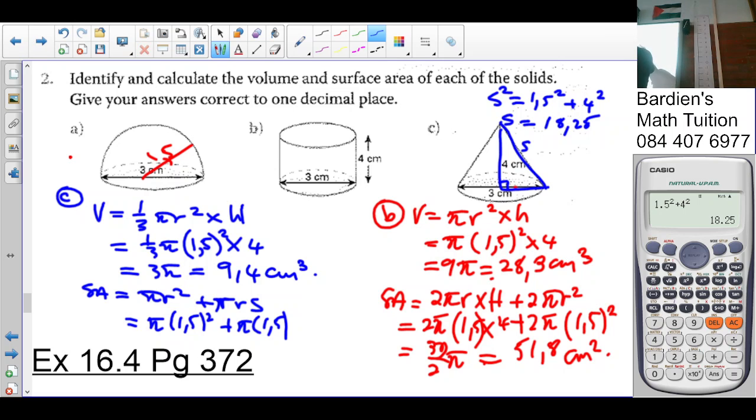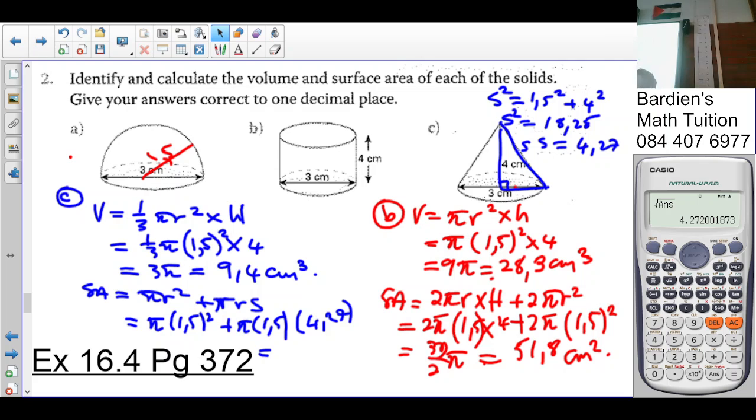And the square root thereof gives us 4.2327. Okay, you multiply this by 4.27. Remember, within the sum we work to 2 or 3 decimal places. In the final answer you round off to 1 decimal place.